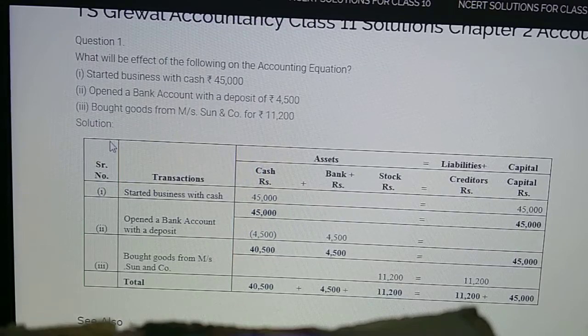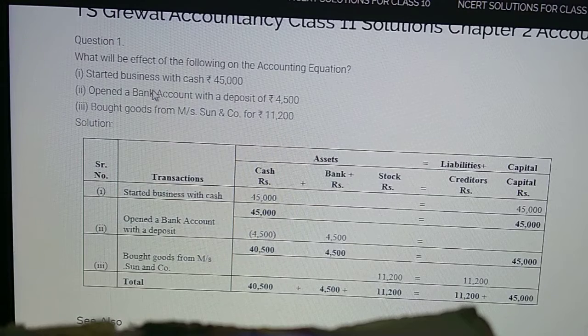So you can see I have made this serial number, transactions, assets is equal to liability plus capital. Okay, we have written the accounting equation here. So the first statement is started business with cash 45,000. I have written here: started business with cash. So cash means the assets has, for the first time, cash 45,000. Similarly, you are not getting either profit or loss.